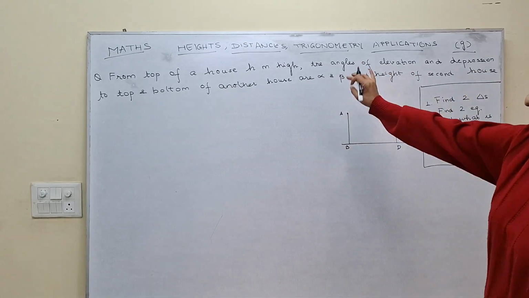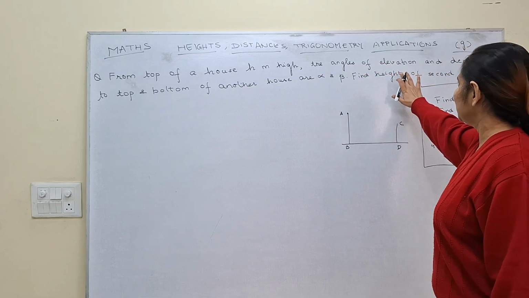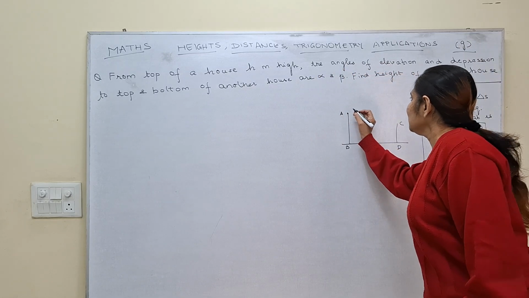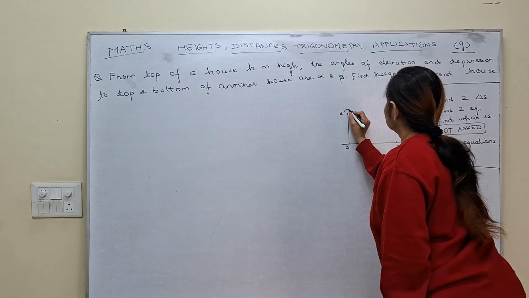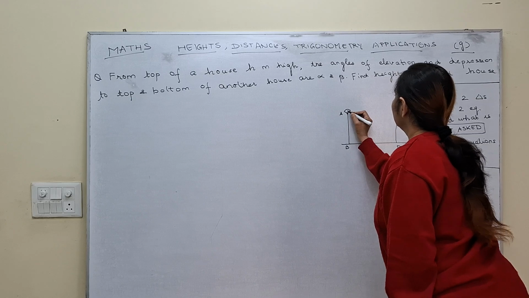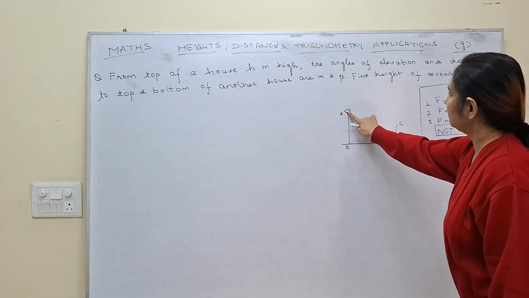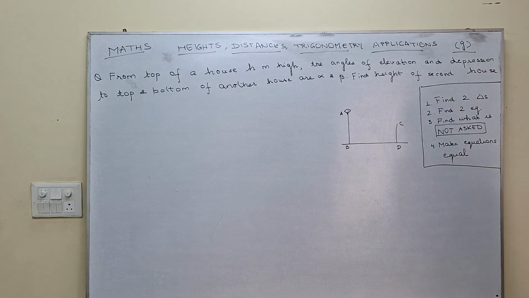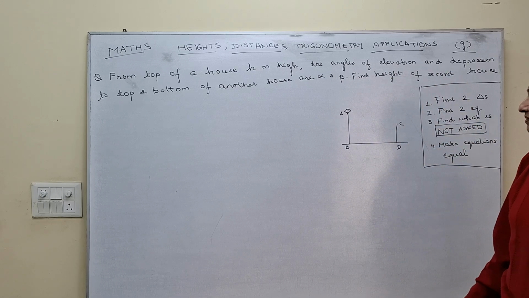Now, again, begin from here. The angle of elevation, we are looking from the top of the house. This is our eye. Angle of elevation. From here we have to look up, but there is nothing above to look at except for the sentence.